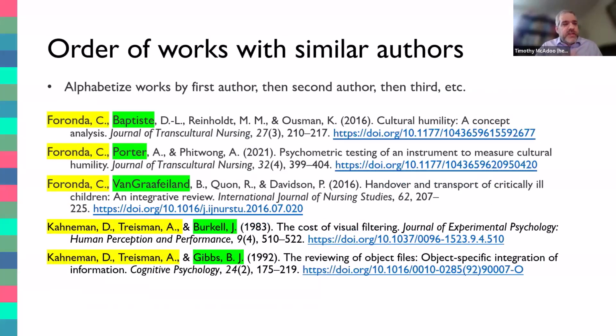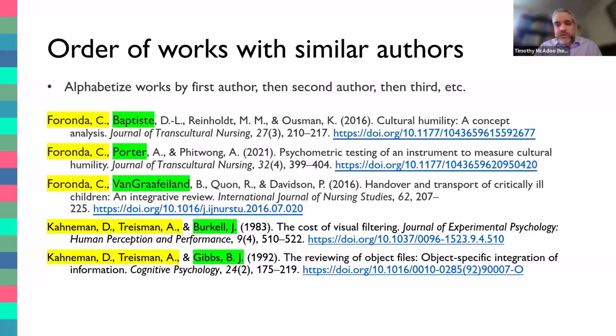So this is a slide about works that have similar authors. If you have two or more references and the first author is the same in each, which is very common, you'll decide on the order of the references by doing this letter by letter comparison to the second author. Or if it's the second authors that are the same, you move on to the next author. So in this list, Ferranda and Baptiste is before Ferranda, Porter, and Fitwong because you're comparing letter by letter.